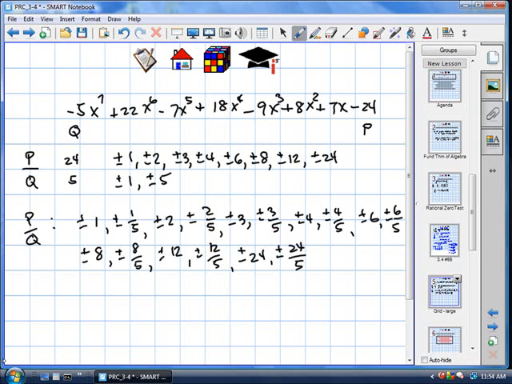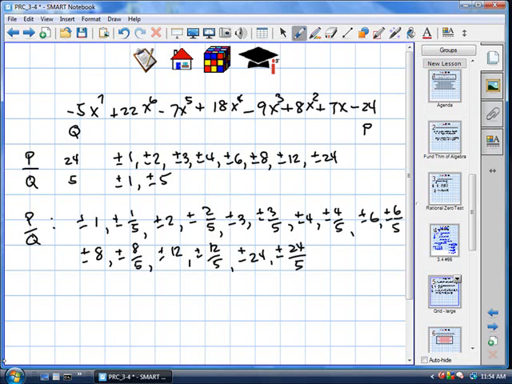Unfortunately, 24 has lots of factors. Fortunately, 5 has very few. But when you put those all together, do you see that these are all possibilities here? You take this over this, this over this, and you just got to keep going, and you got to simplify them. So we got whatever this is. Those are all candidates.